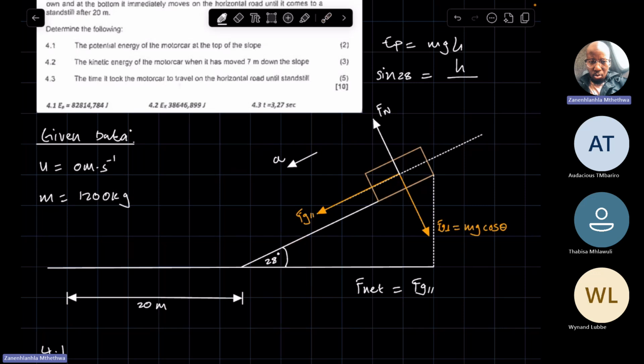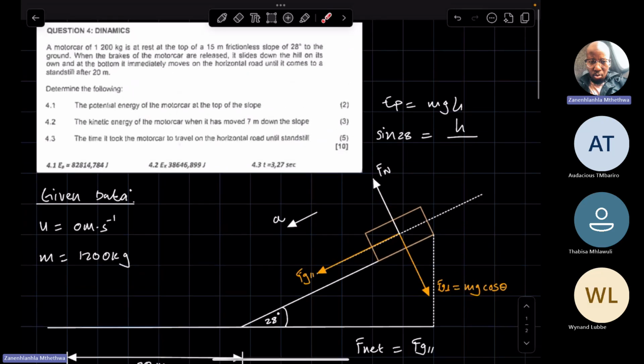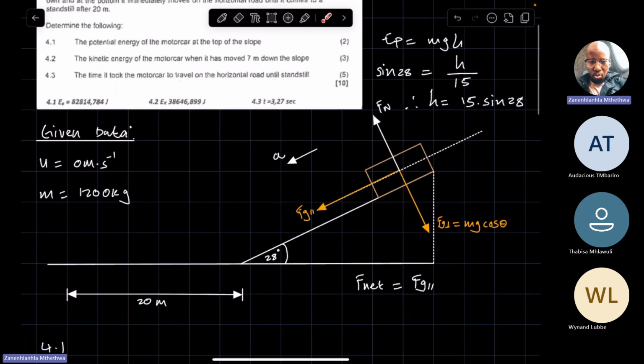The hypotenuse is the distance of the slope, which we are given as 15 meters, meaning that the h is equal to 15 sine 28. So having established what this h is equal to, now you can get your EP.